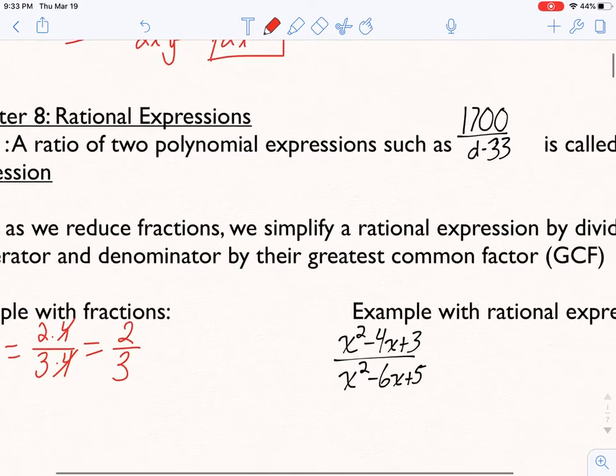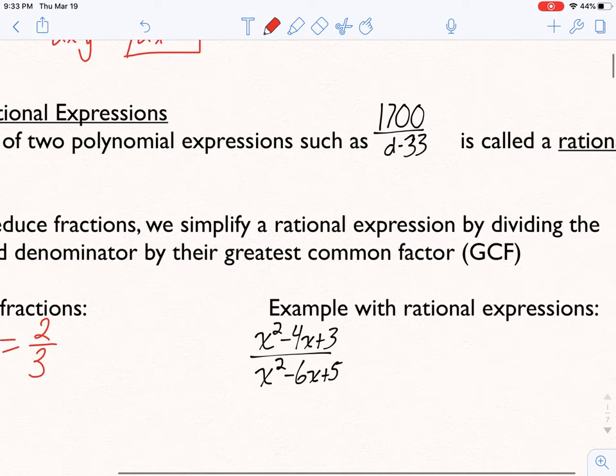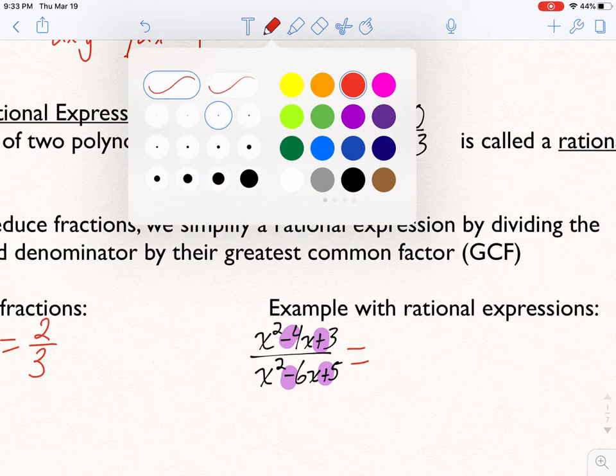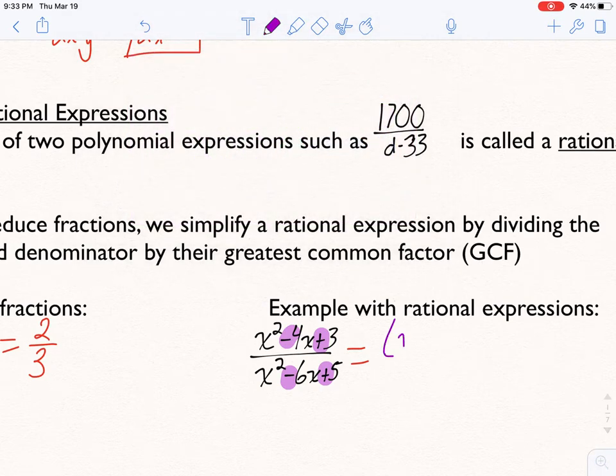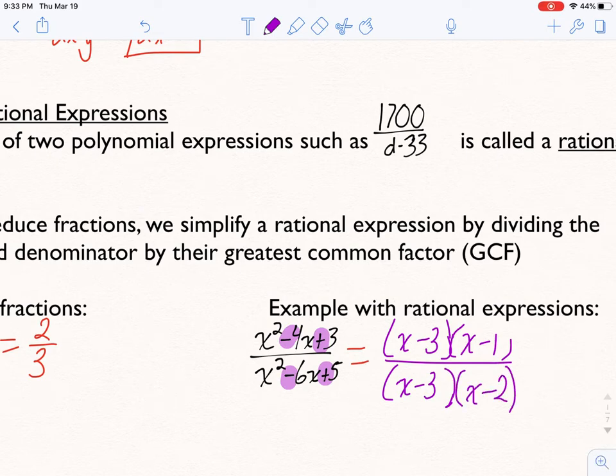When I look on my rational expression side, x squared minus 4x plus 3. Anytime you see plus and minuses in denominators and numerators, that's telling you you're going to have to factor this. So, if I factor this, I'm going to get x minus 3, x minus 1, over x minus 3, x minus 2.